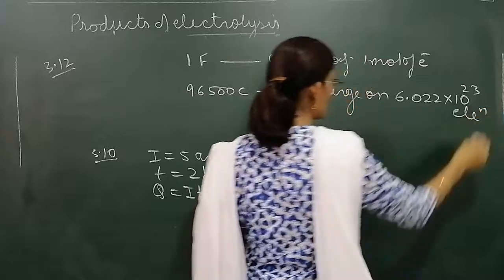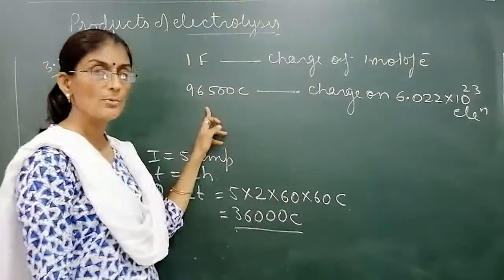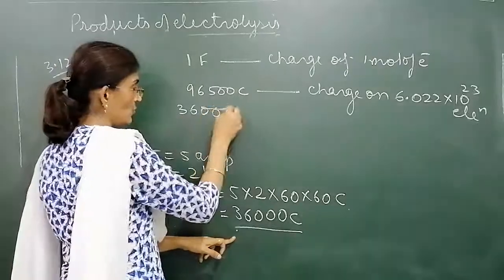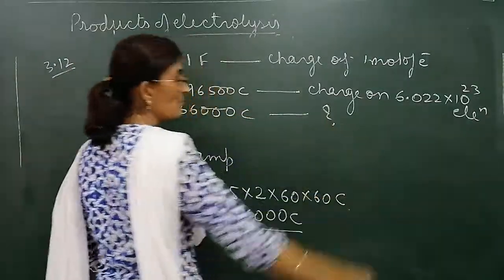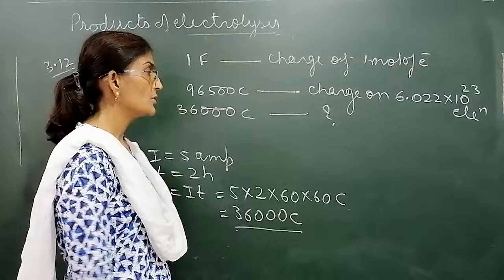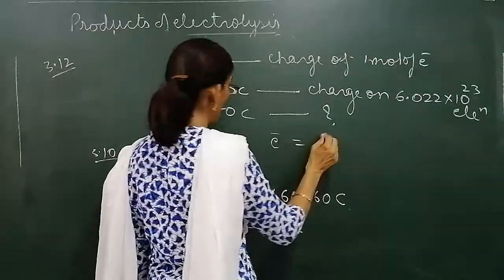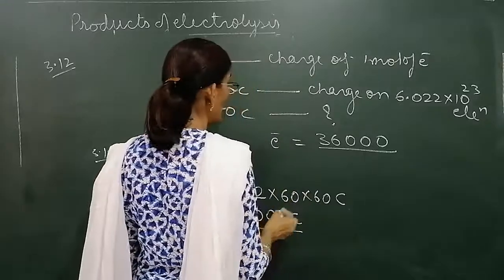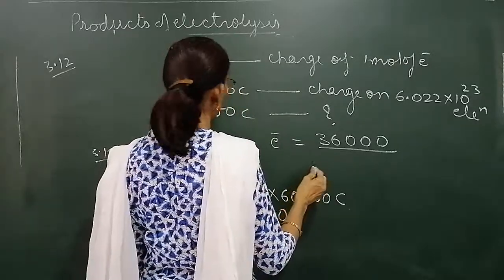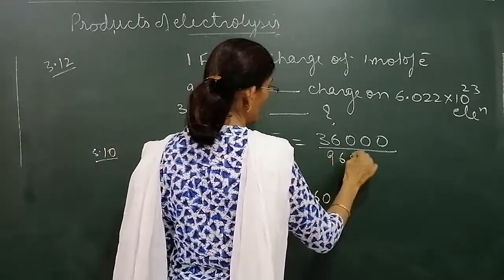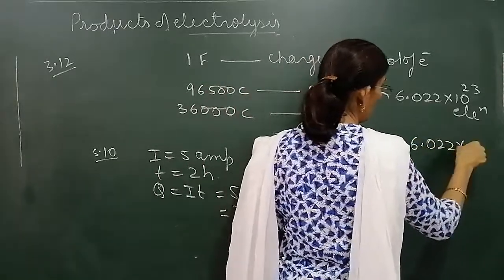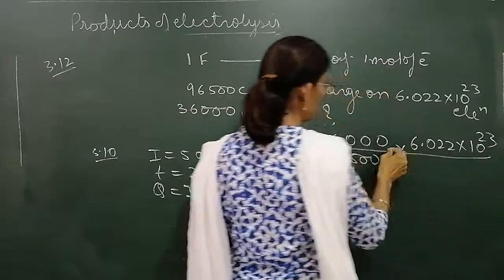If the charge of this many electrons is 96500 coulomb, and you have a charge of 36000 coulomb, then what will be the number of electrons? So we can easily calculate the number of electrons as 36000 divided by 96500 multiplied by 6.022 into 10 to the power 23.